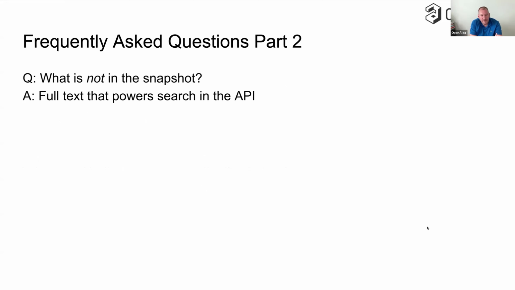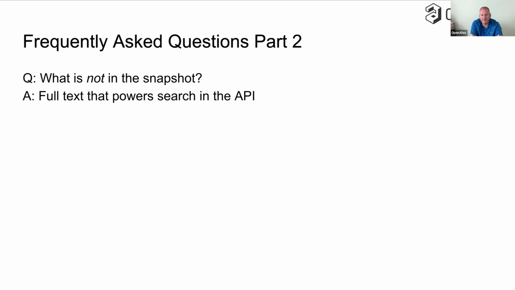Next frequently asked question, I figured I'd throw in there. Is there anything you're missing in the snapshot? Well, yeah, kind of. What I would say is everything that is displayed in the API, you're getting in the snapshot. However, when you do search and you just use the generic search and you're looking at full text, like you're not limiting to just the title and abstract, all of that full text is in Elasticsearch and in our database.